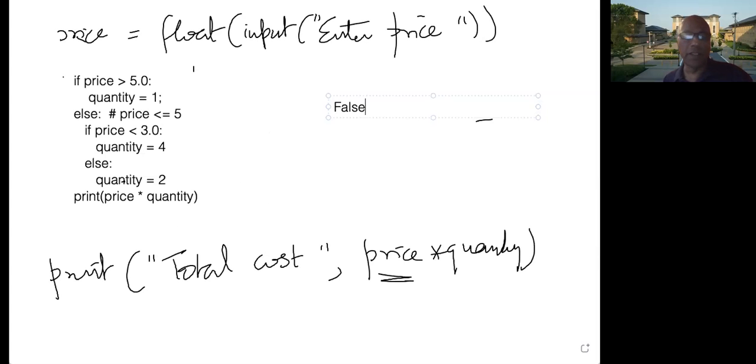There is another thing that I will touch upon, and then we will look at the lab and then do the class exercise. Let me erase all of this. And then let me again write price equals float input.